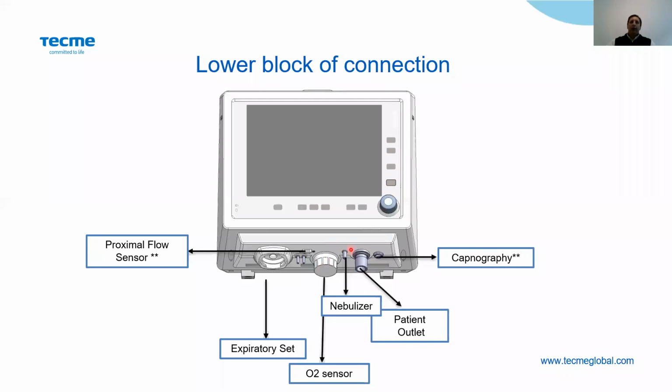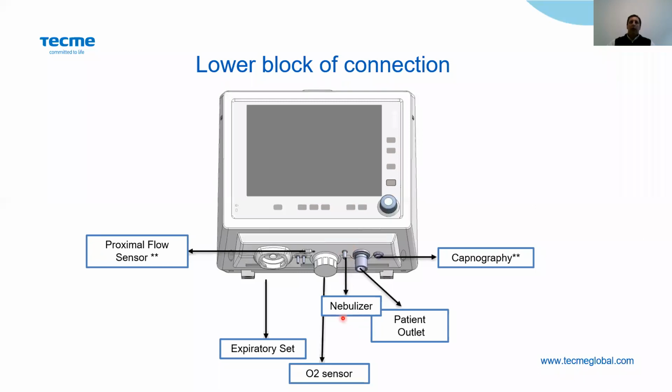Also, as a standard, the nebulizer. All our machines have an inbuilt pneumatic nebulizer that in adult and pediatric is synchronized with the inspiration. In neonate it's going to work continuously, but in adult and pediatric it's going to synchronize the nebulization with the inspiration of the patient.